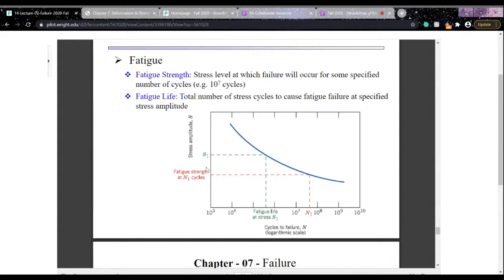So the fatigue life is the total number of stress cycles to cause the fatigue failure at a specific stress amplitude. Suppose we have this S1 stress. At this stress, the material undergoes failure after a particular number of stress cycles.